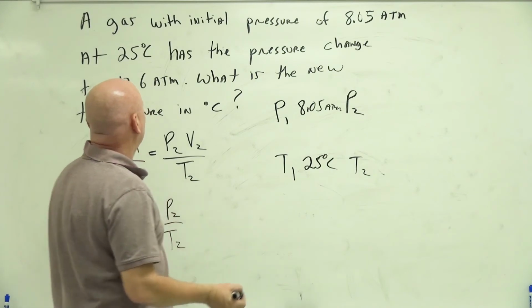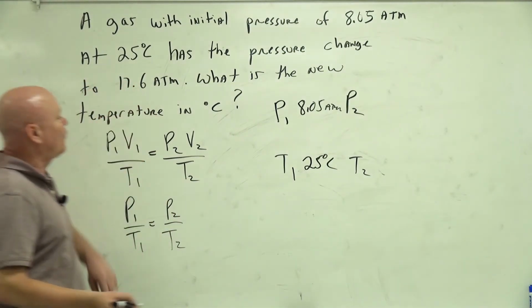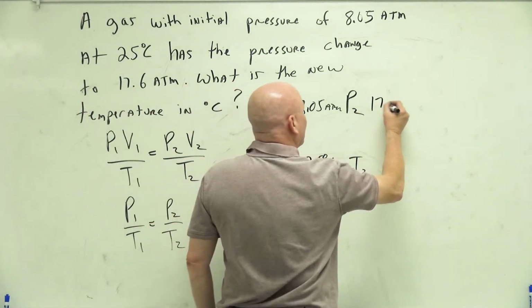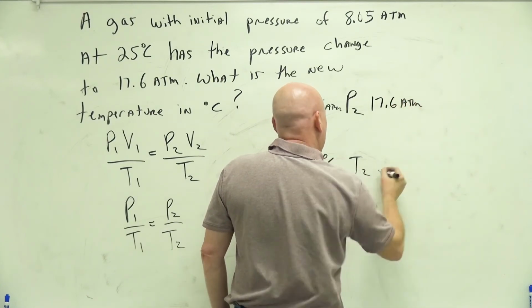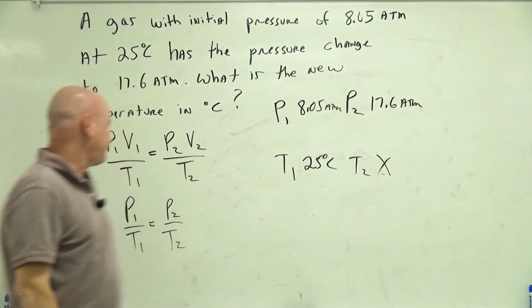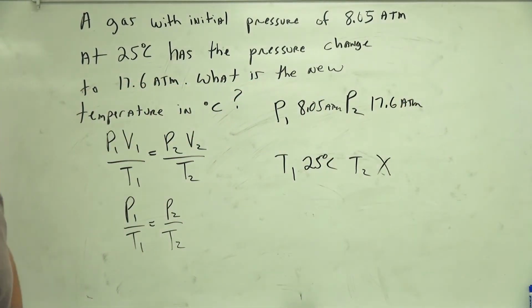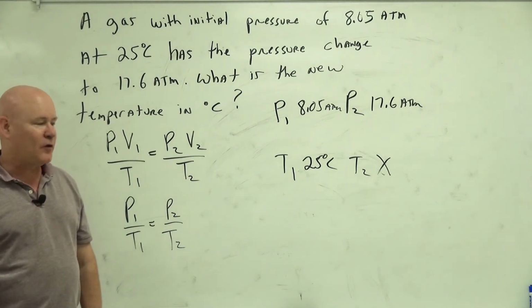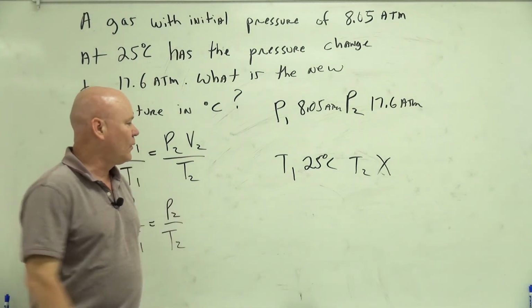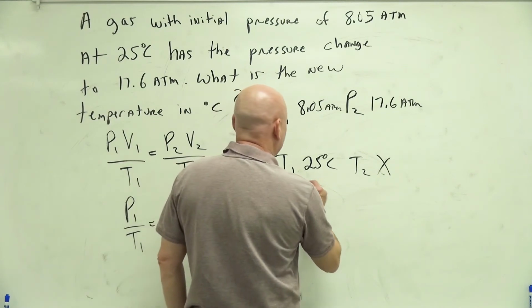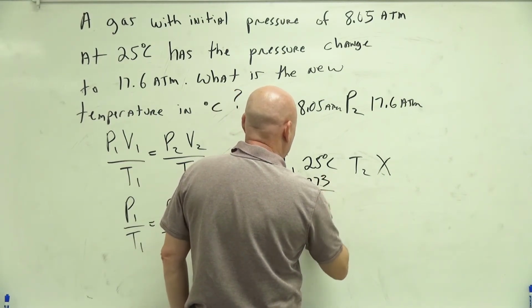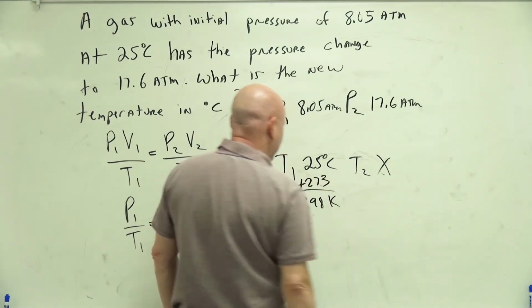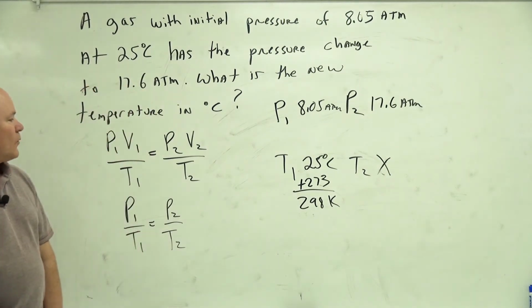What's our new pressure? Our new pressure is 17.6 atmospheres. And our new temperature, we don't know what that is. Now, as usual, if you have a temperature, it's going to be in degrees Celsius, so we have to add 273, and that's 298 Kelvin.